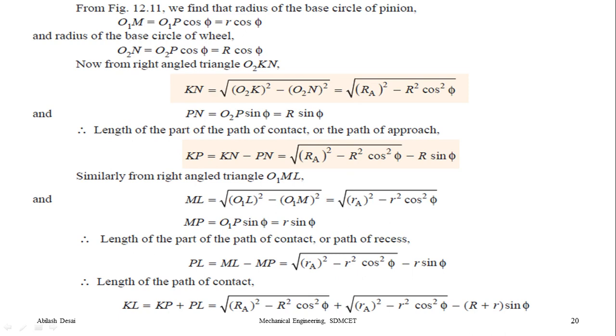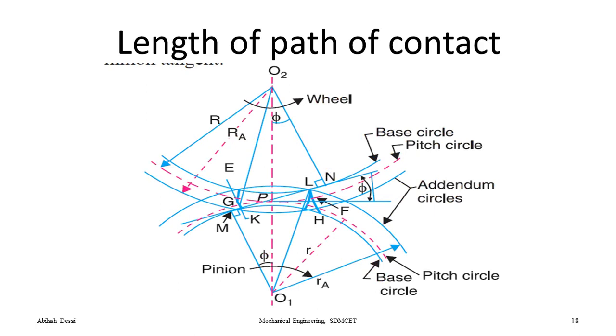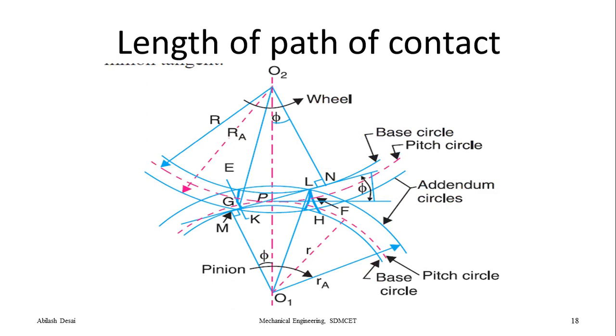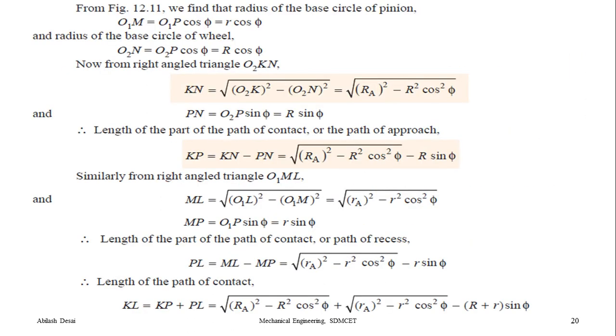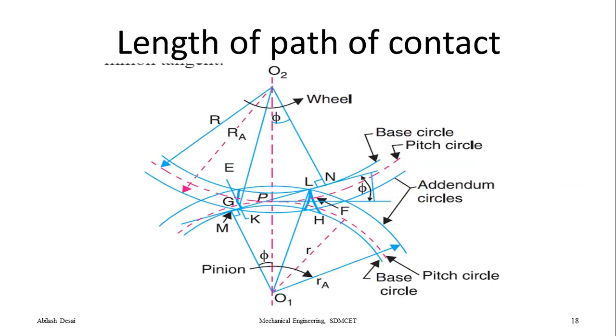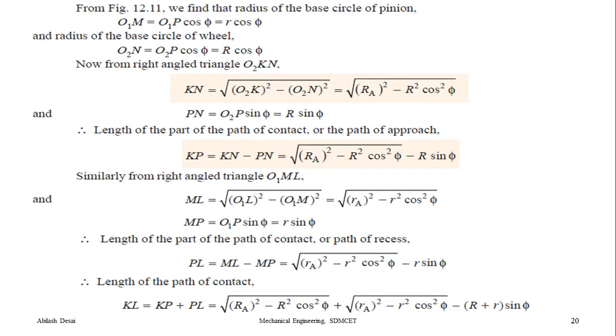Next, PN, from this point to this point, P to N. PN will be O2P sin phi. O2P is nothing but capital R, because this is the radius now. Then you get R sin phi.